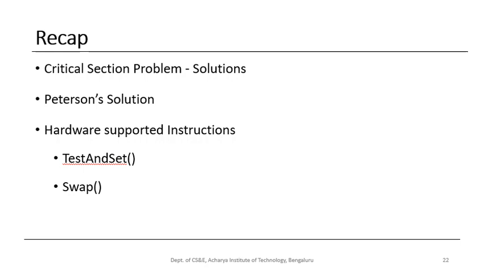Of course, cooperating processes. Then we discussed some of the hardware supported instructions, and these hardware supported instructions have to be run atomically. Unfortunately, the problem with these hardware supported instructions is that they achieve mutual exclusion, whereas they don't guarantee progress and bounded waiting.